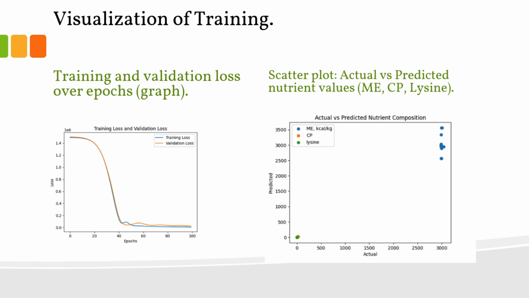In the scatter plot of actual against predicted nutrient values, you realize the model is learning, because it managed to group the actual values together with the predicted nutrient composition, where the color codes represent different outputs.